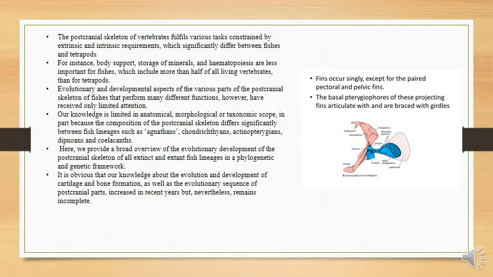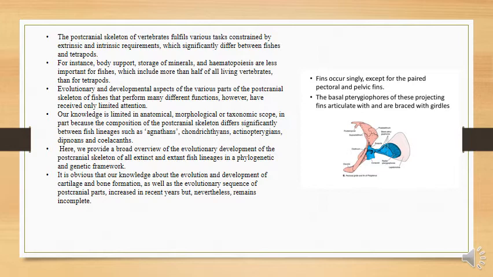Our knowledge is limited in anatomical, morphological, or taxonomic scope, in part because the composition of the postcranial skeleton differs significantly between fish lineages such as agnathans, chondrichthyans, actinopterygians, dipnoans, and coelacanths. Here, we provide a broad overview of the evolutionary development of the postcranial skeleton of all extinct and extant fish lineages in a phylogenetic and genetic framework.